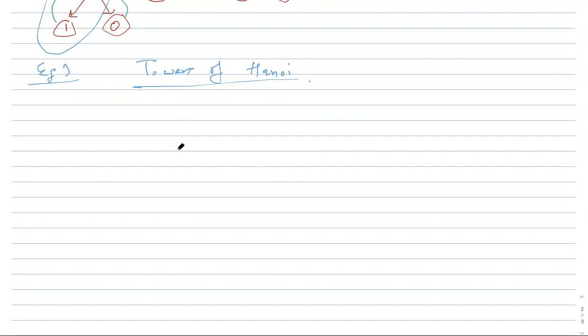So it's a puzzle. So what is the puzzle here?